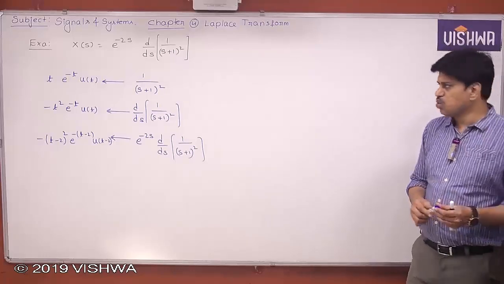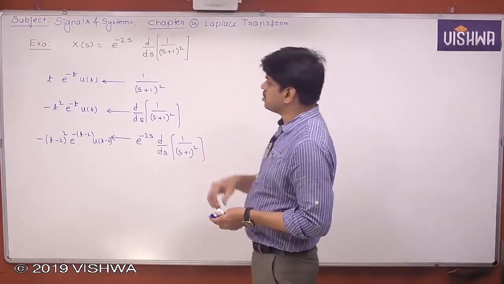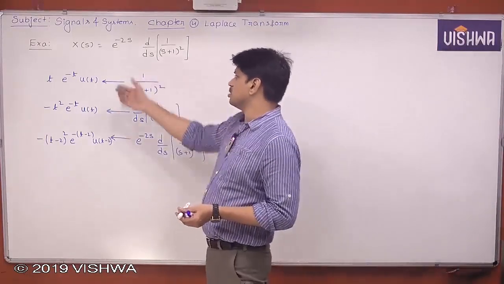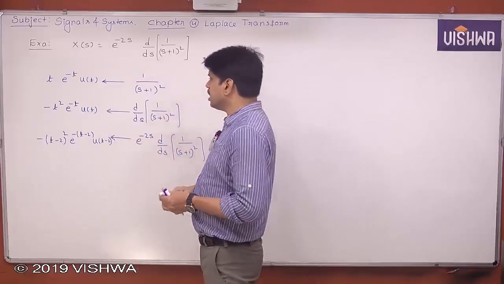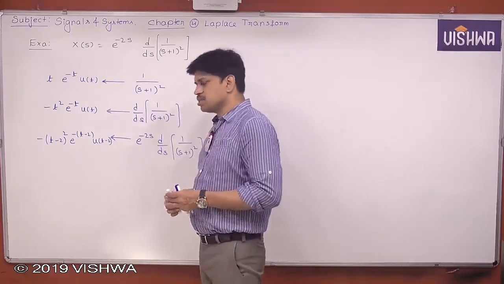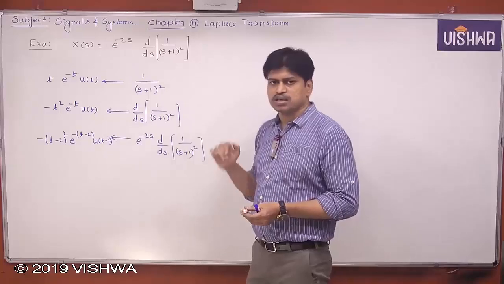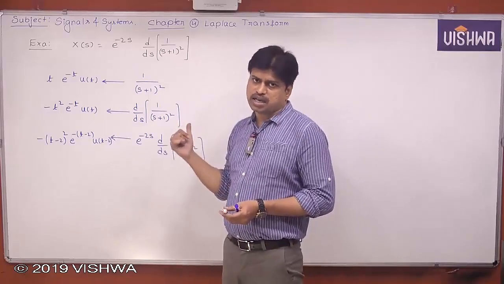And here one doubt we may have: why have we written a right-sided signal for this one? Why can't it be a left-sided signal? Because nothing is mentioned about the ROC. Then we can take right-sided ROC as the default.